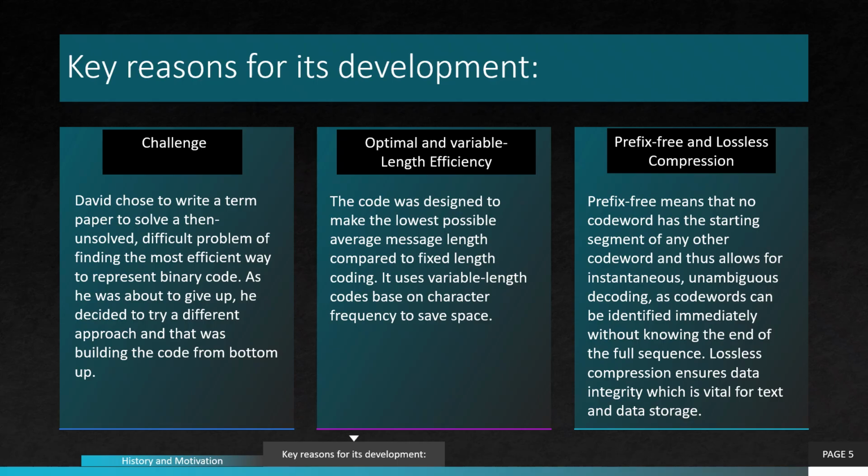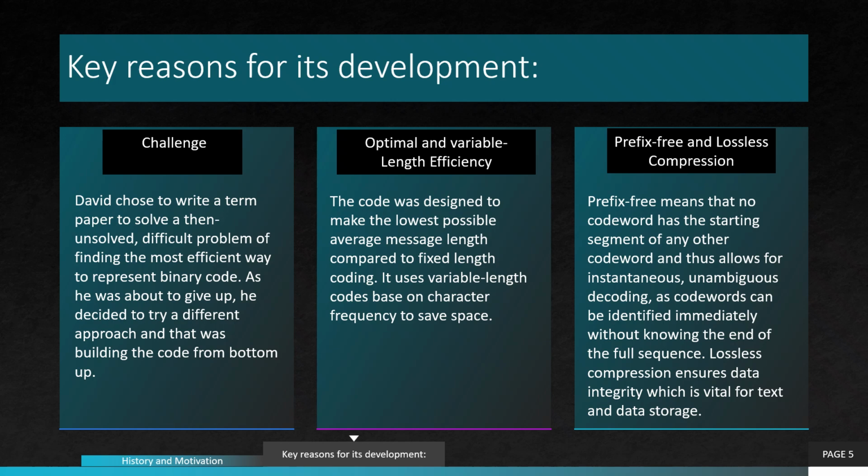He just thought, hey, look, there's a paper to write about. But he didn't give up. At the end, he was like, hey, might want to get ready for this test. But he realized, hey, maybe if I try it this way, it'll work. And building the code from the bottom up worked for him.